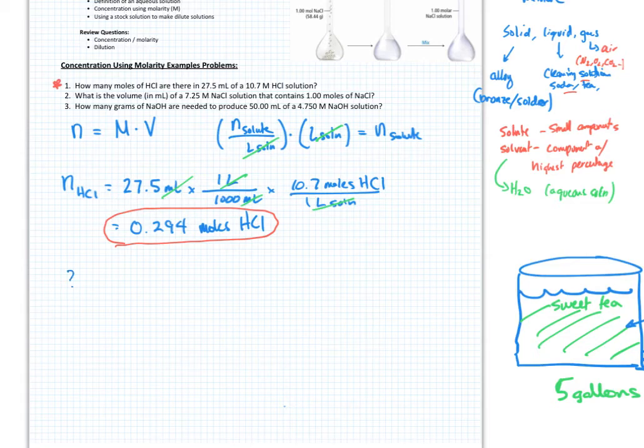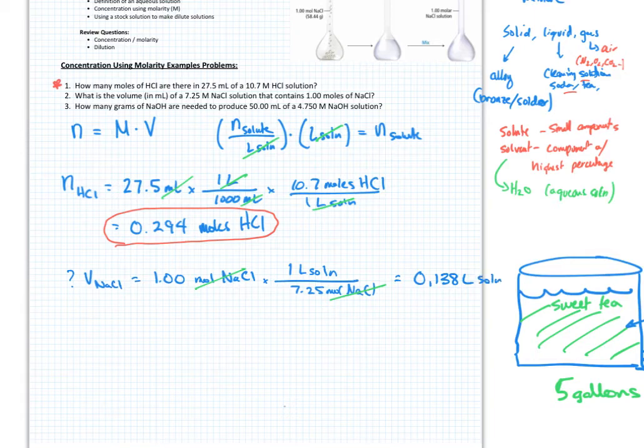So here's how we set that one up. I want to find the volume of NaCl solution needed, and that equals 1 mole NaCl as my starting amount. This is also a one-step problem. Every 1 liter of solution has 7.25 moles of NaCl. So moles NaCl cancels moles NaCl, and that equals 0.138 liters of solution that I need.